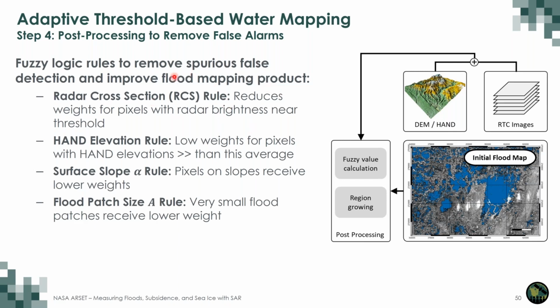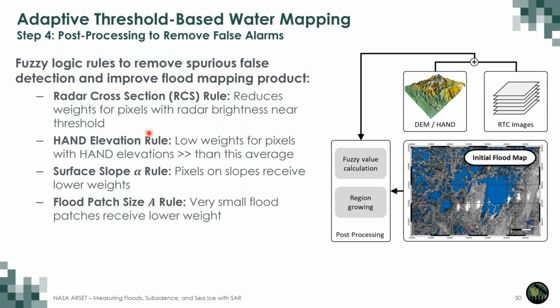And our approach uses a set of criteria to identify pixels that are potentially false detections. We look at the radar brightness of those pixels. If the radar brightness is very close to our threshold, then we basically are saying we are not so sure about this particular detection. We also assume that flooding happens mostly in flat terrain.